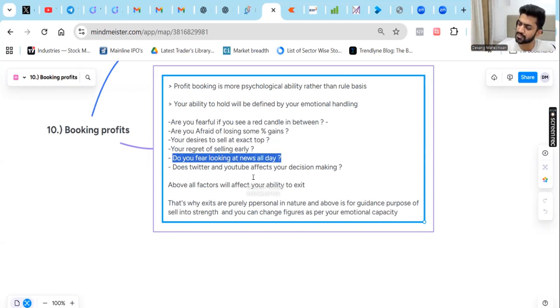Some interview by another person saying this is at RSI oversold level. Typically, there are 200 sources that will come in your way. Are you ready to handle all these 200 outside things that will come to you?